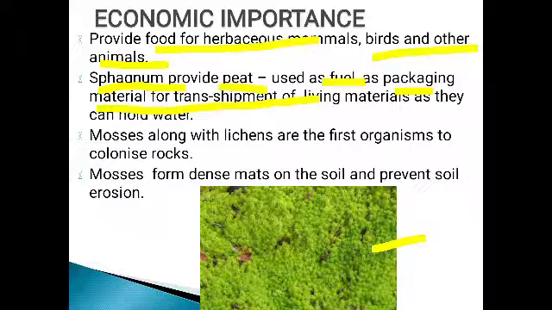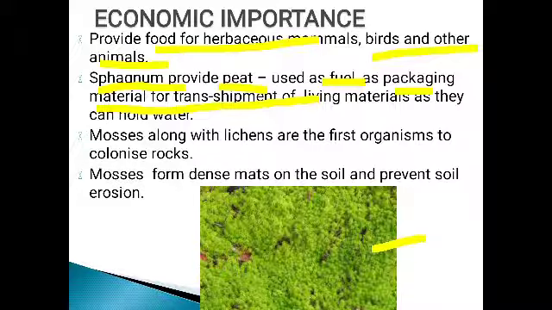Just like in algae we have seen hydrocolloids which can hold water, in this sphagnum moss, the peat produced from it has the capacity to hold water. Because of that property, it is used as a packing material for the transshipment of any living material.